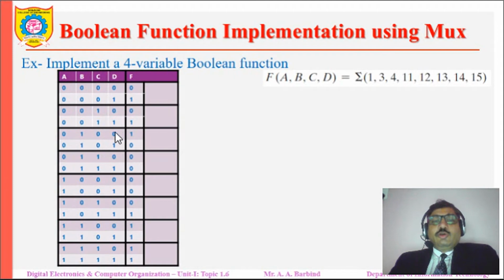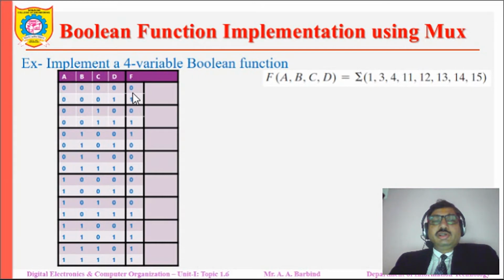After pairing the rows, in each pair we look at the relationship between f and d. If we concentrate on f and d, then we see that f is same as d as far as these two rows are concerned.